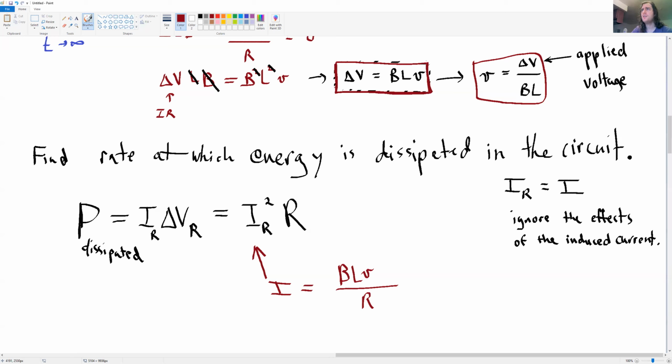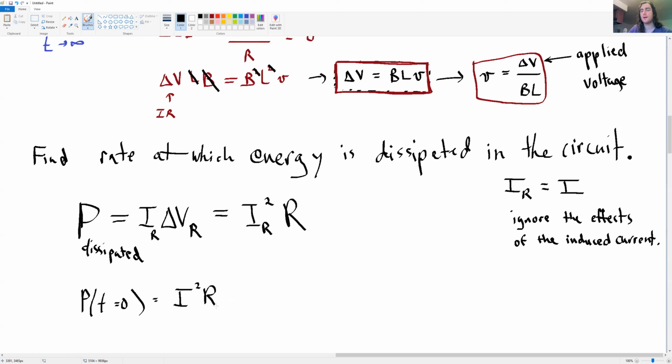Let me just go over this question myself here for a couple different cases. One thing you can do is look at P at t equals 0. At t equals 0, the current in the circuit squared times R is the power dissipated by the resistor.